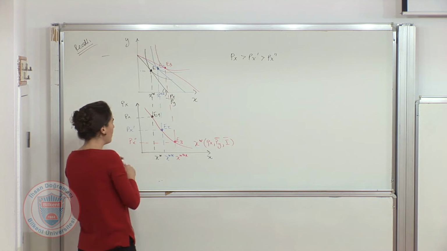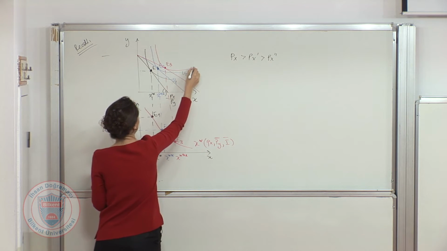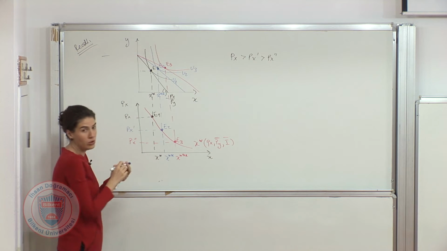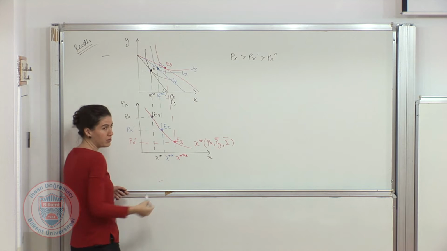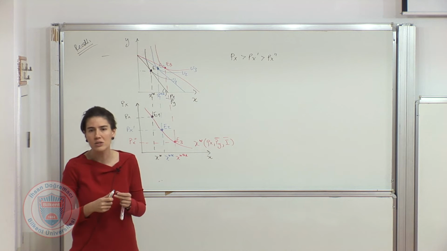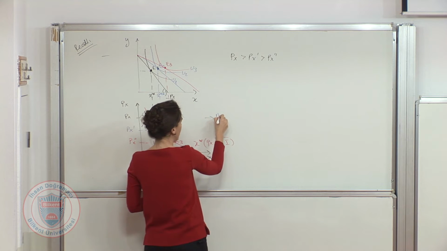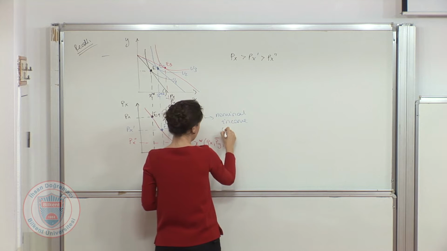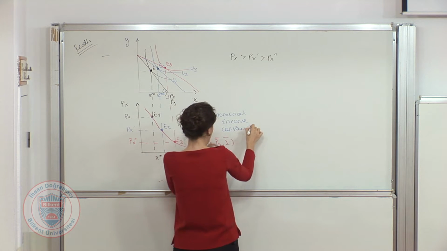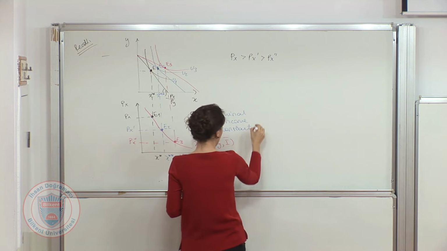At E1 you have, let's say, U1, U2, U3. When I move from E1 to E2 to E3, the utility level is also changing. So here we keep nominal income constant, but real income changes.